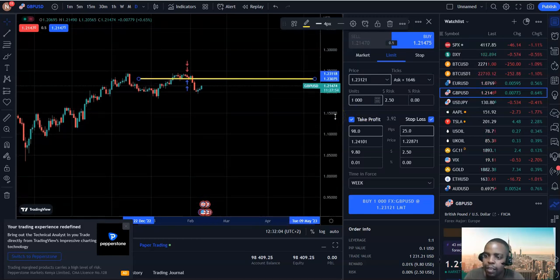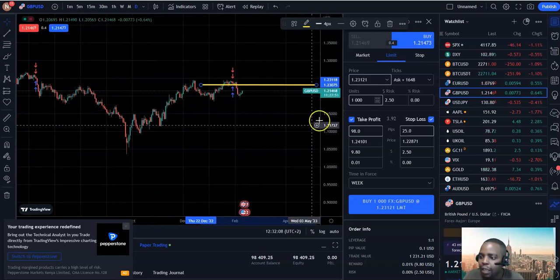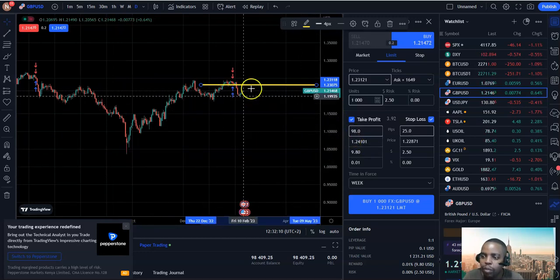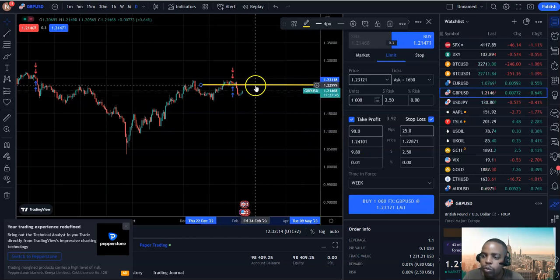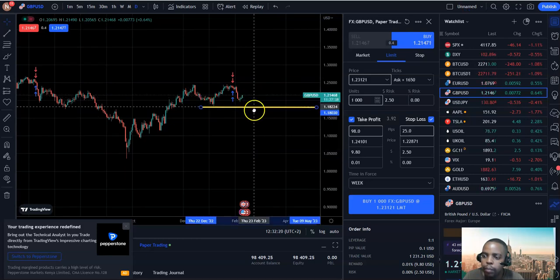Let me just bring it down a little bit. Let us apply our stop loss and take profits. It's a sell limit. I want to take profit around about here. Bring it down here.